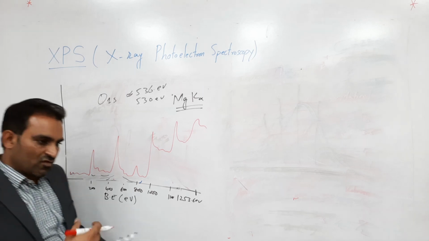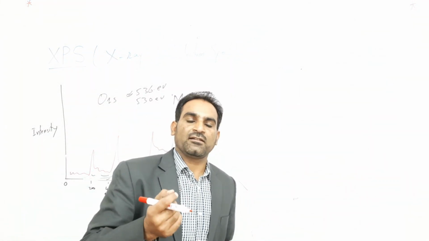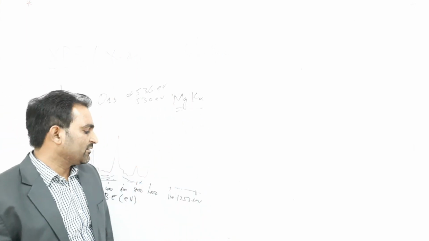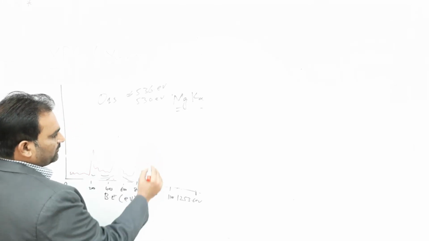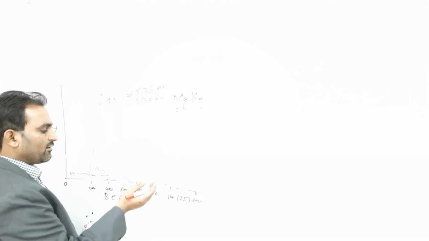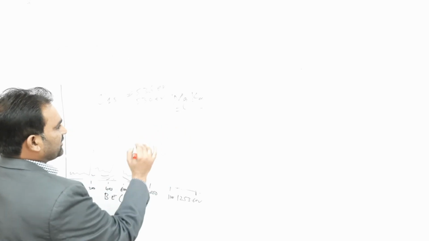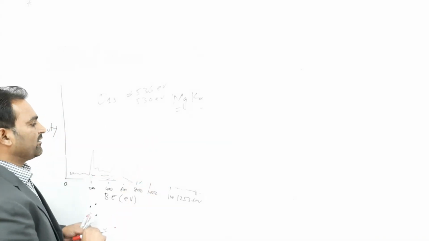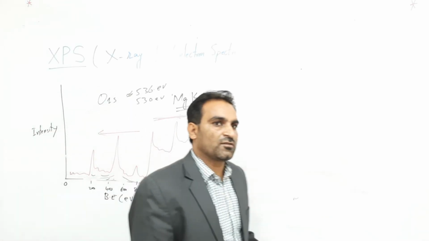Usually the electrons emitted from the most inner orbitals have higher energy, and their peaks, corresponding to emission from the inner core electrons, will be over here because they have higher energy, and as it approaches the valence side, its energy will be lower. So this is all for today.